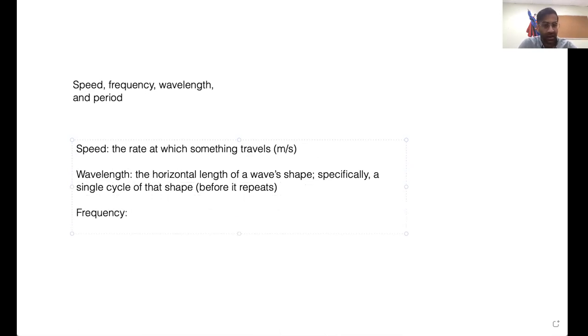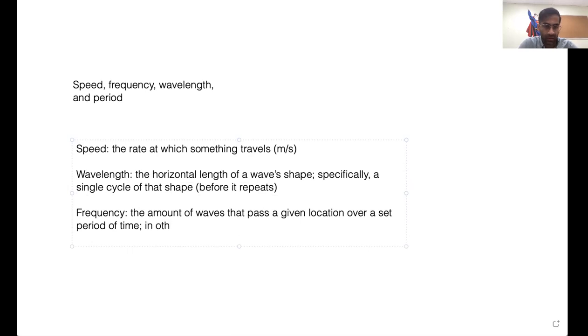With frequency, I'm going to say the amount of waves that pass a given location over a set period of time. In other words, how frequently a wave oscillates, right?